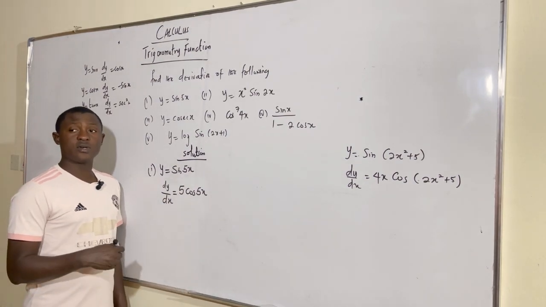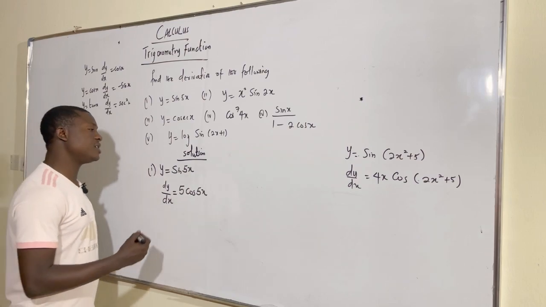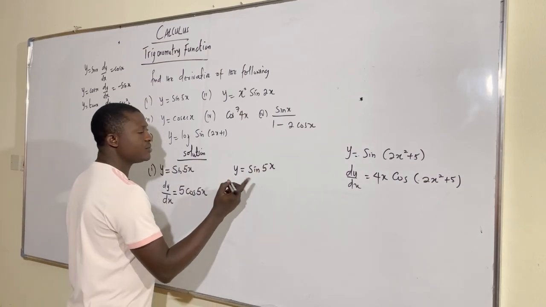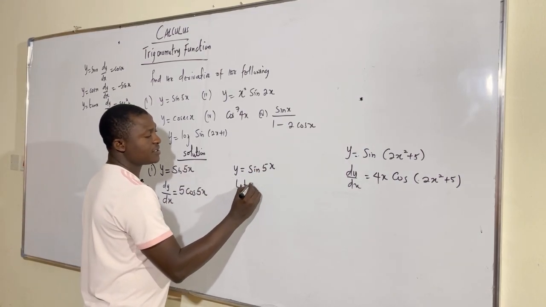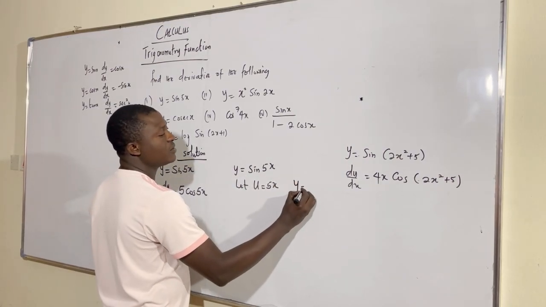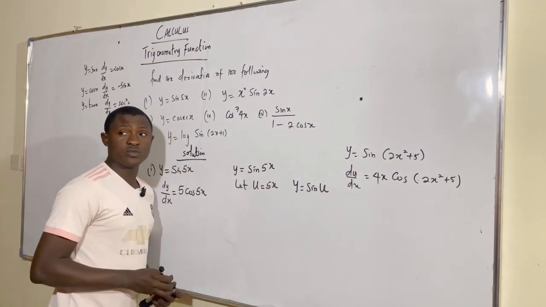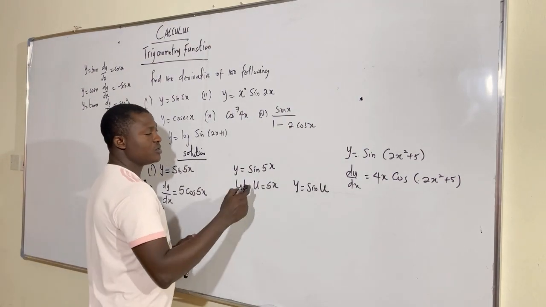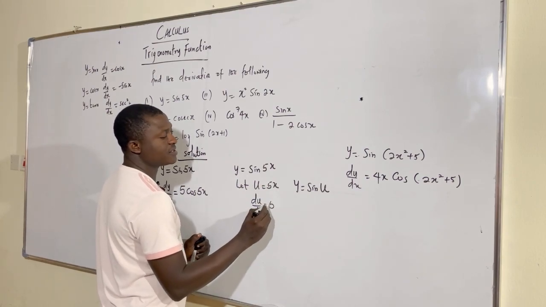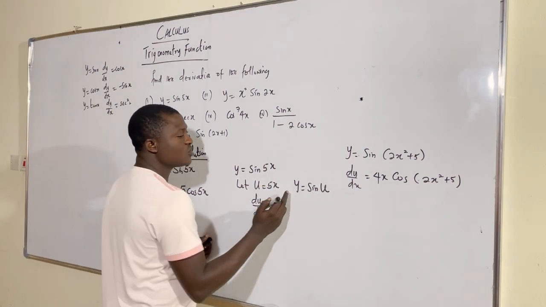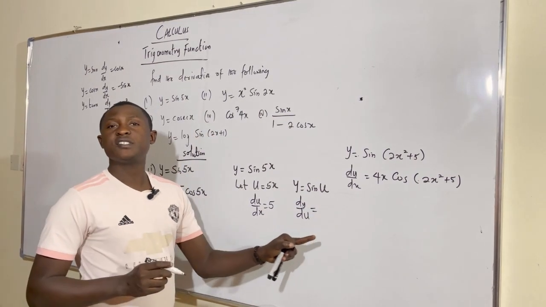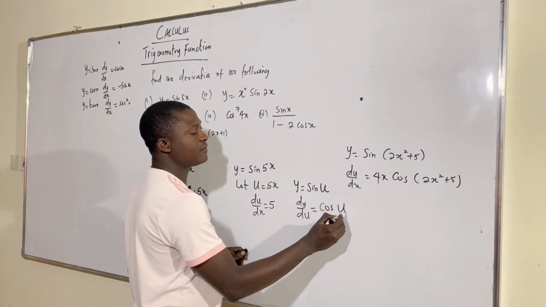If you find this type of problem in an objective test or theory test, let's say y is equal to sine 5x. Since it's not just x, let u equal 5x. Then y is equal to sine u. So du over dx is equal to the differential of 5x, which is 5. And dy over du is equal to the differential of sine u, which is cos u.